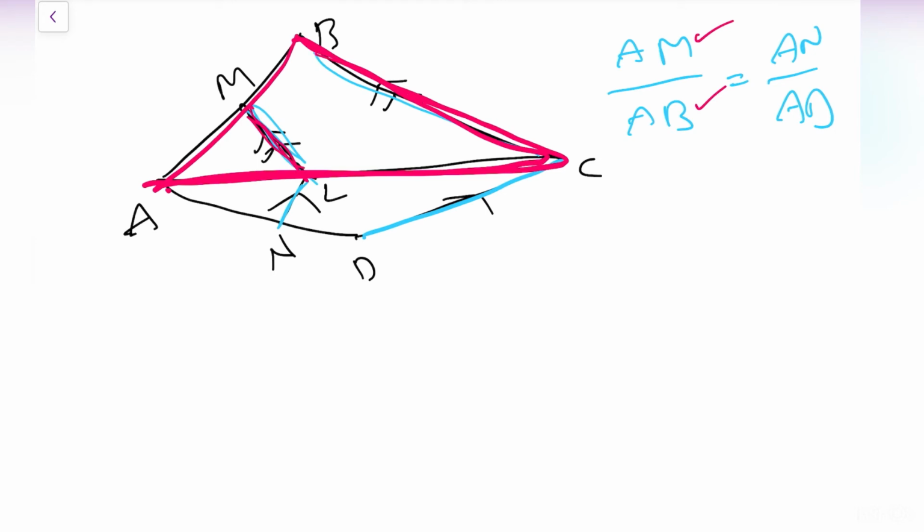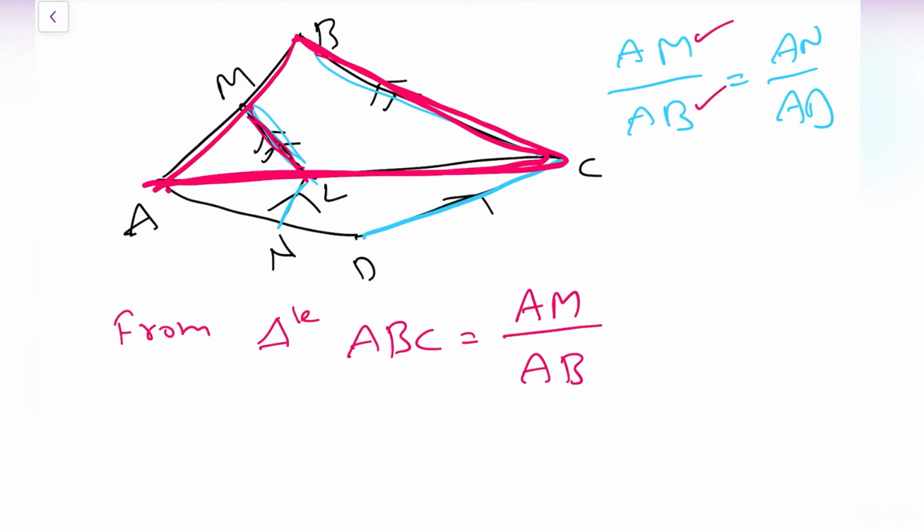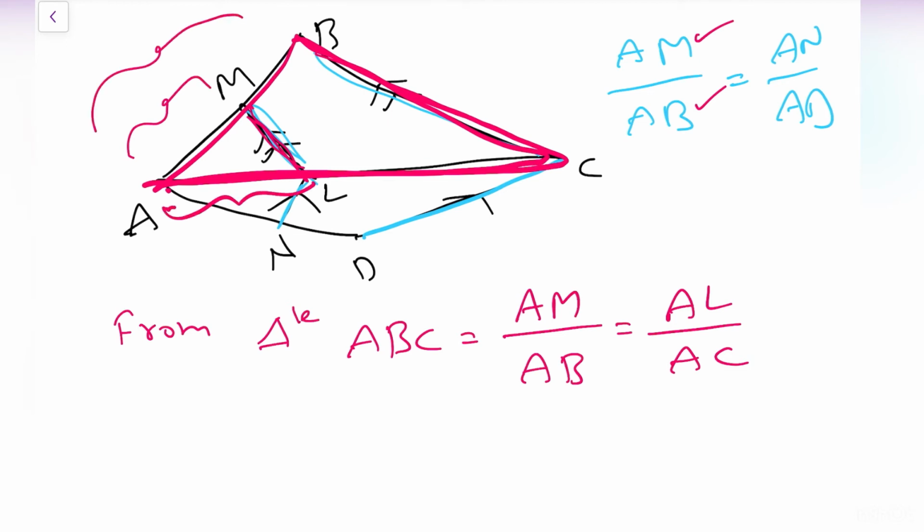So from triangle ABC, we can take upper one AM by total AB equals upper one AL by total AC. This is upper one and this is total. So I'm comparing those.